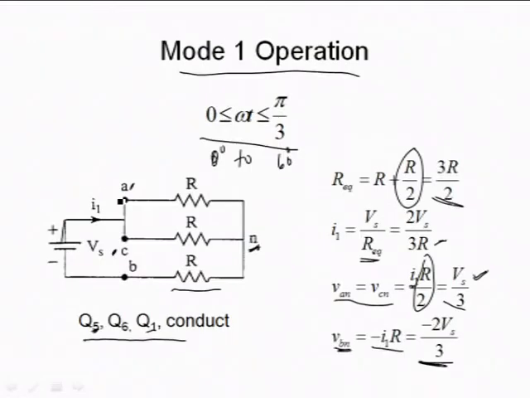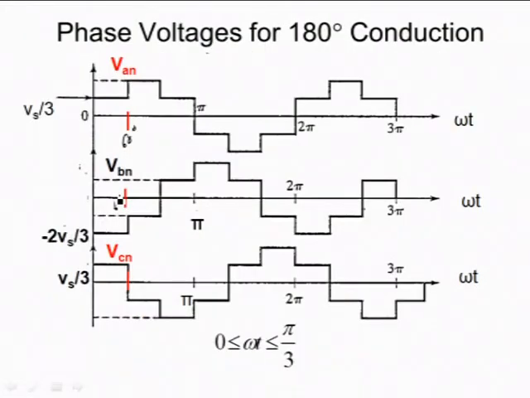VAN is equal to VCN, marked in red color. What is the magnitude? As marked here, Vs by 3. Up to this duration you have to take; this is 60 degree, and this is positive.